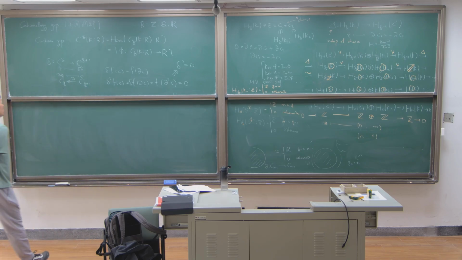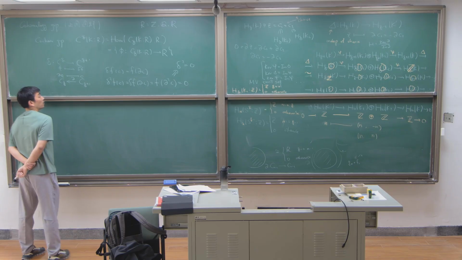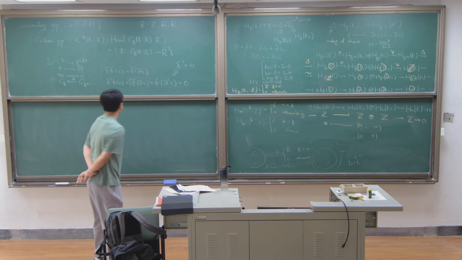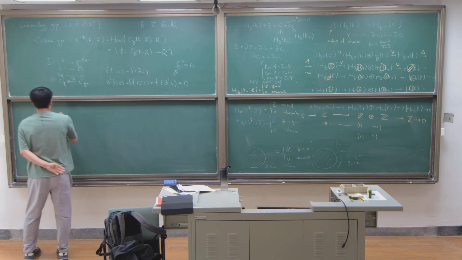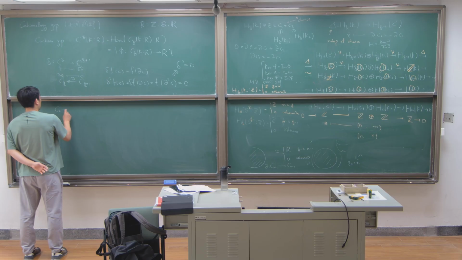Okay, so then we can consider the following thing. So the chain map is like this way.